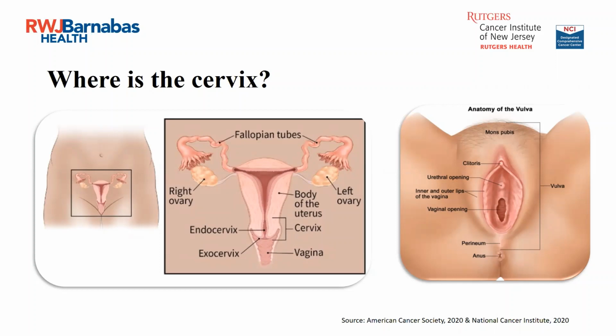So you see the ovaries, the fallopian tubes, the uterus, the cervix, and the vagina. The cervical cancer screening test will look at where the cervix is in this diagram. On the right-hand side of the screen is an external part of the female anatomy, which is called the vulva. So the part that you can see is called the vulva, and the internal part is where the cervix, the vagina, and the uterus are located.